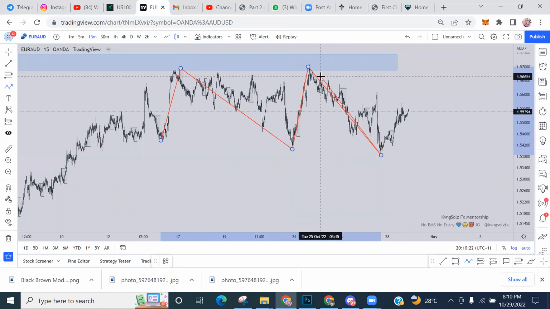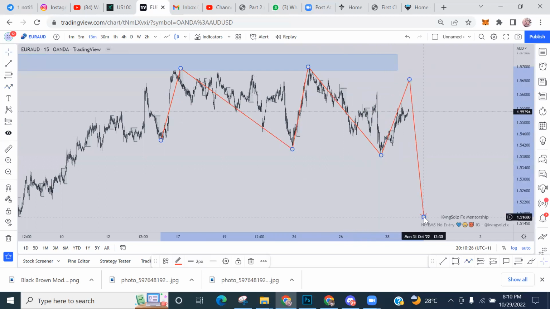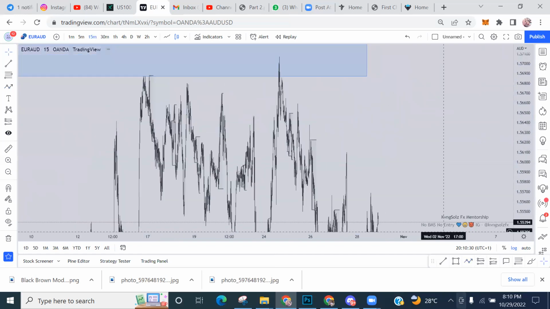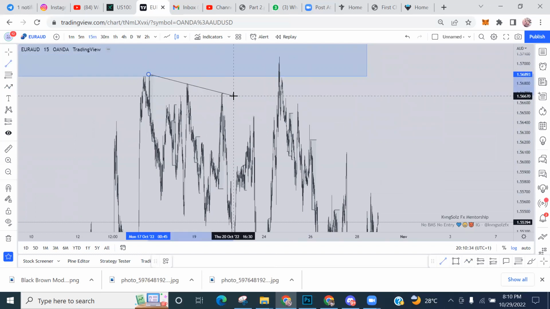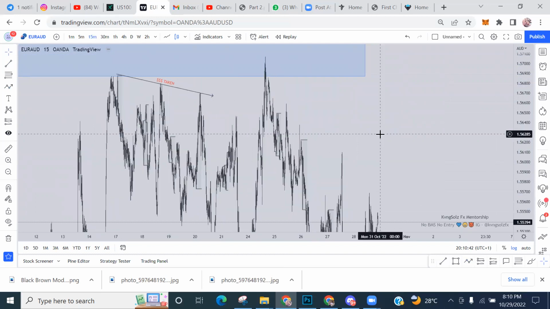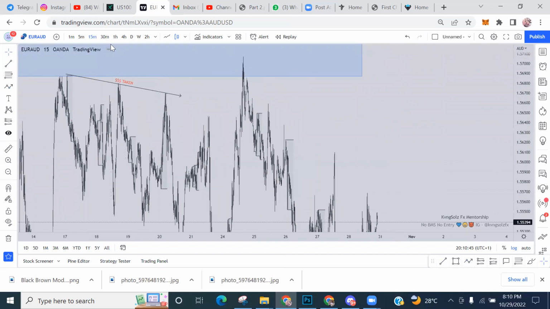So market should take out liquidity and sell. That's the idea. Okay. And now your markup would be like this. Liquidity grab, see? Liquidity taking. Okay. And zones, you can be shorting from.